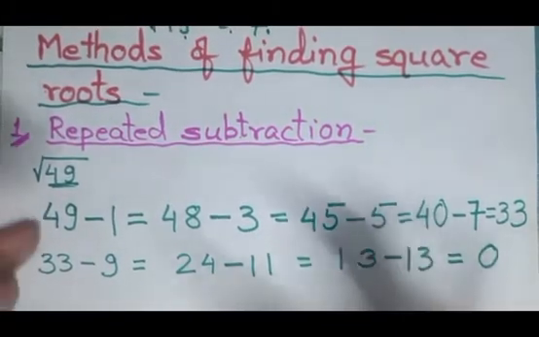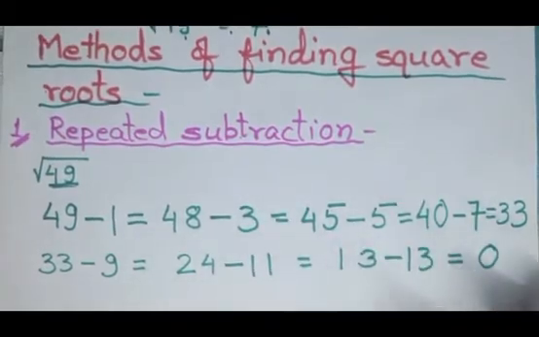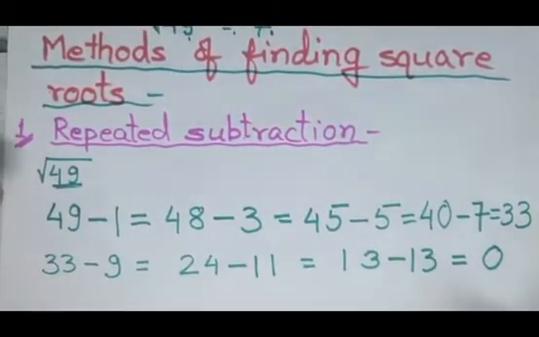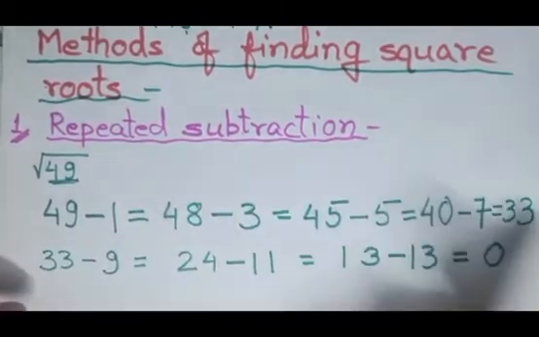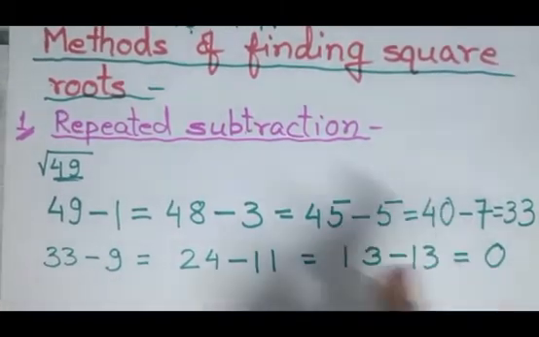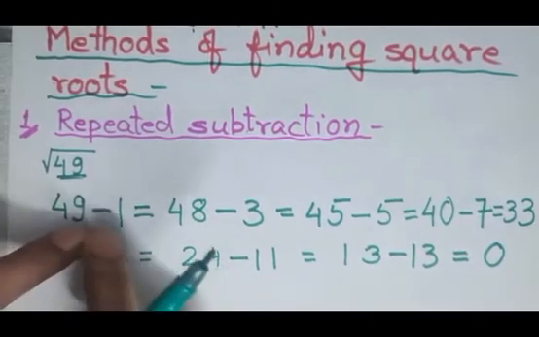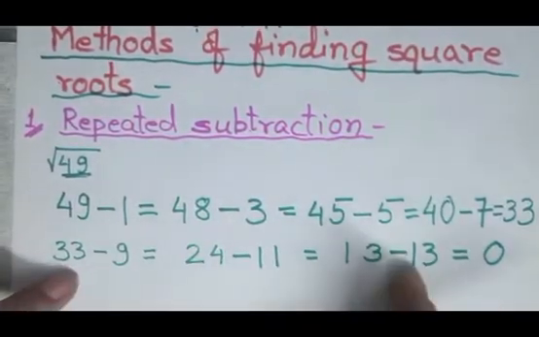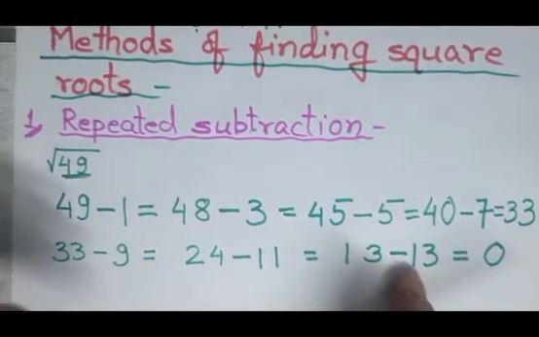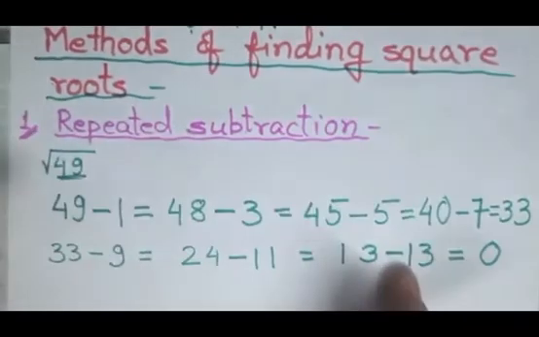Now we have to see what is the square root of 49 through this method. We have to see how many times we have subtracted. For that, let's see, we have subtracted 1, 2, 3, 4, 5, 6, 7 times. So we have subtracted the odd numbers 7 times.